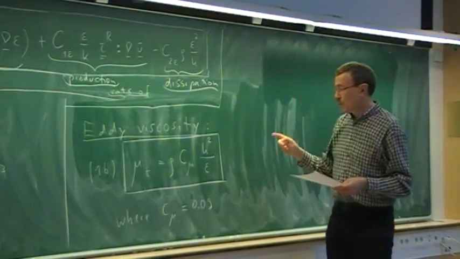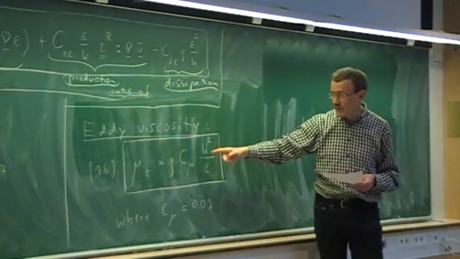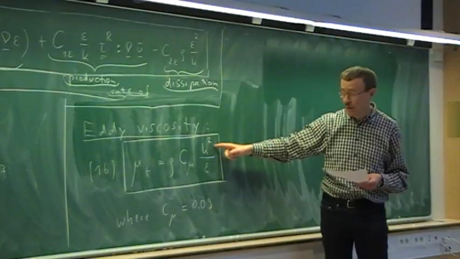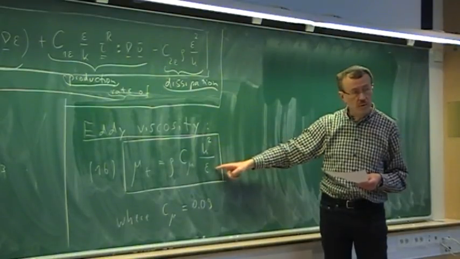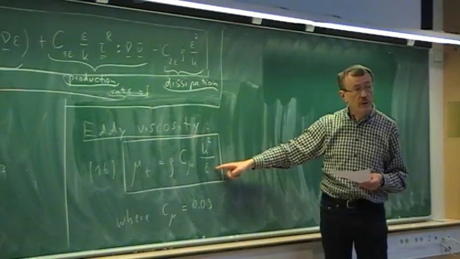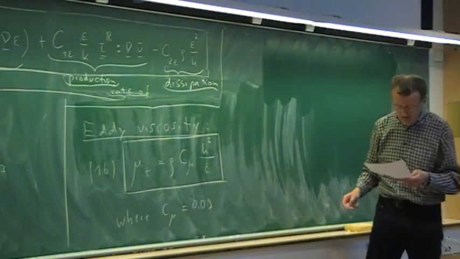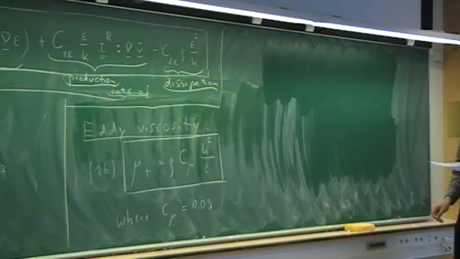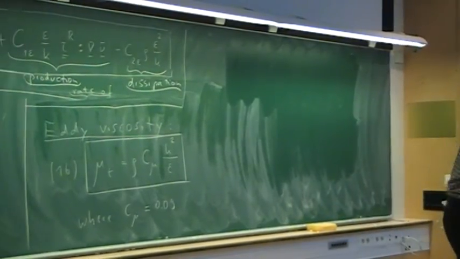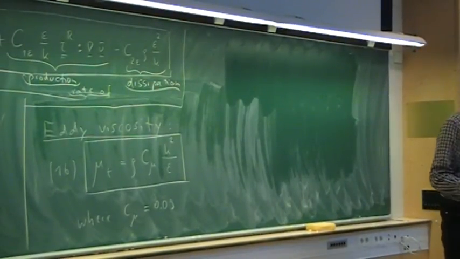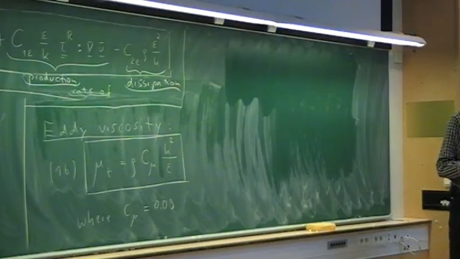The important thing to remember is that the eddy viscosity is determined by means of the turbulent kinetic energy K and the dissipation rate epsilon, those two equations that we solve here. So that is the standard K epsilon model that we have here, and that is frequently used to simulate turbulence.